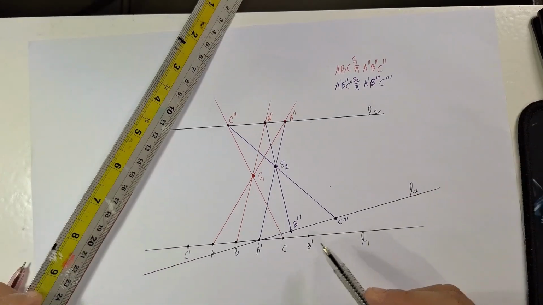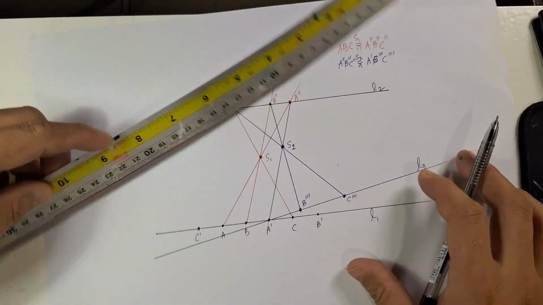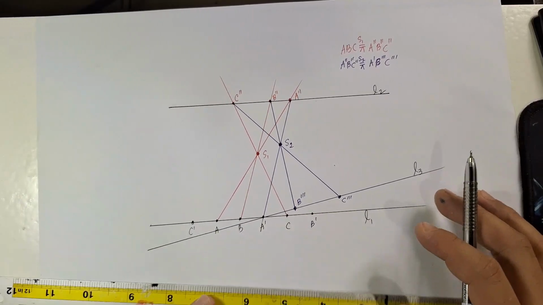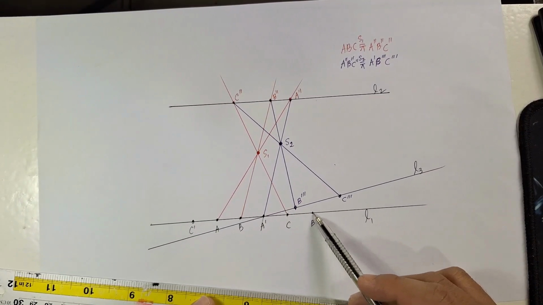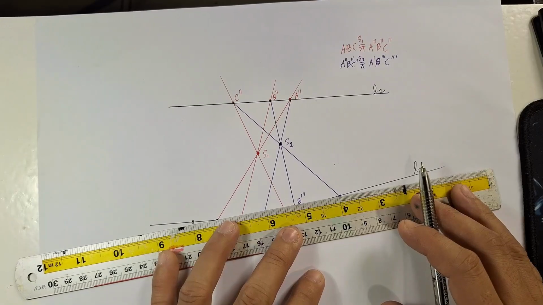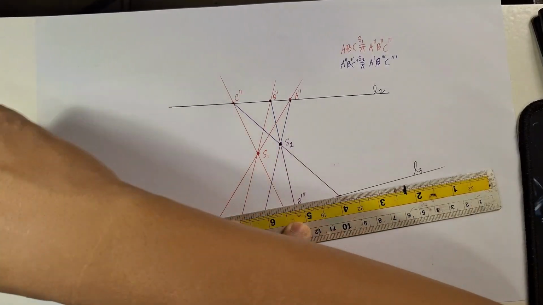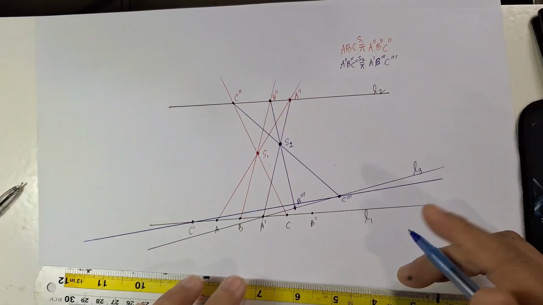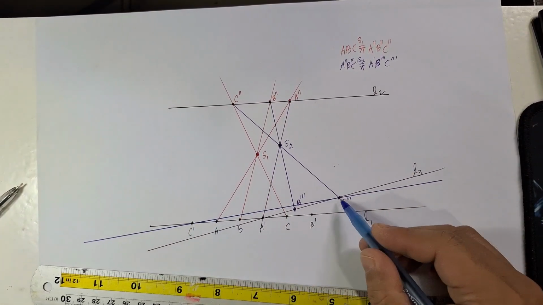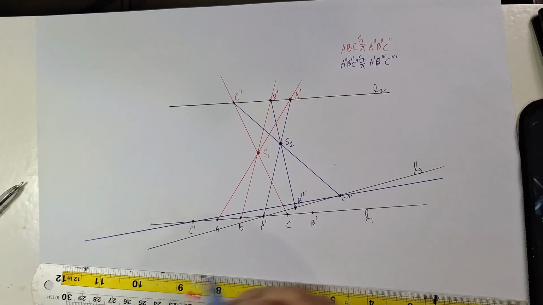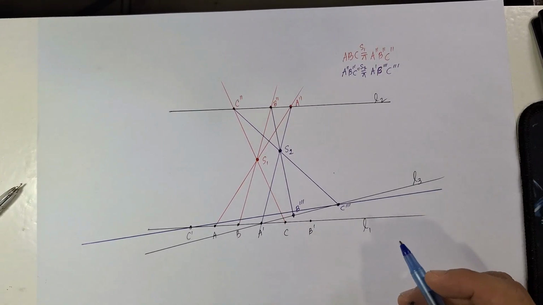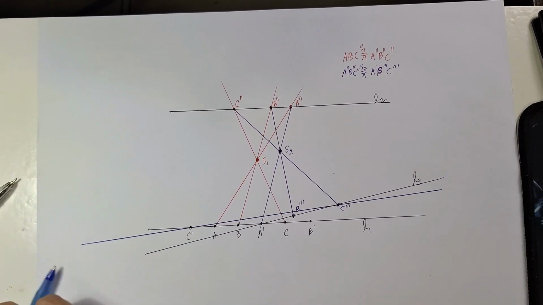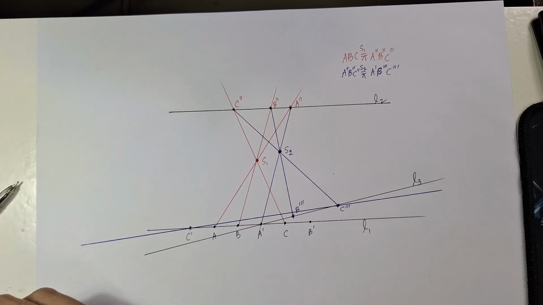Okay, last, connect C prime and C triple prime. Identify the intersection with B prime, B triple prime. Okay, let's use a different color. That's connecting C prime and C triple prime so that C triple prime and C prime are perspective. Of course, we will use the same A prime and A triple prime.